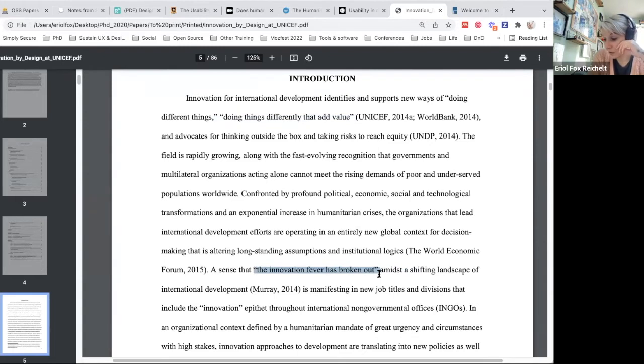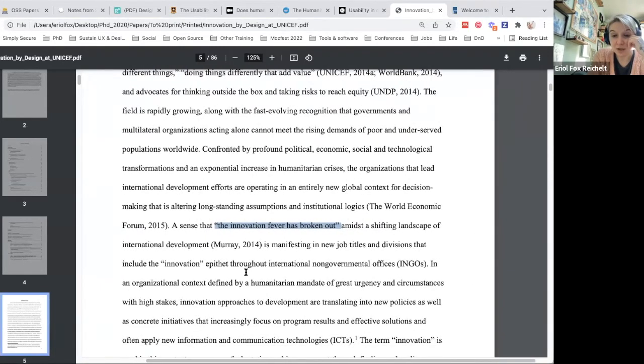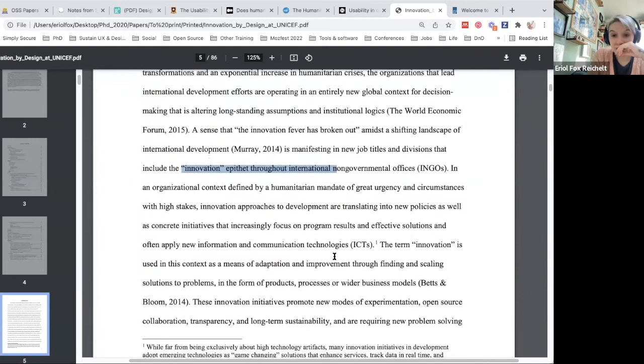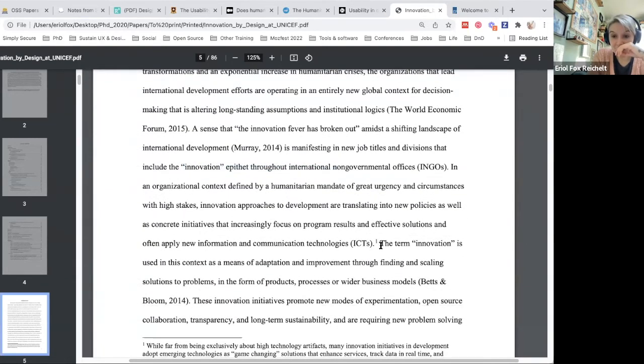They're cited from other sources, and then lots of references to innovation in non-governmental offices. And then there's a definition from another source about the term innovation. So innovation is used in this context as a means of adaptation and improvement through finding and scaling solutions to problems in the form of products, processes, or wider business models. This is from Betts and Bloom in 2014.